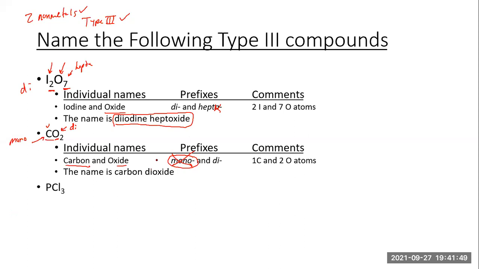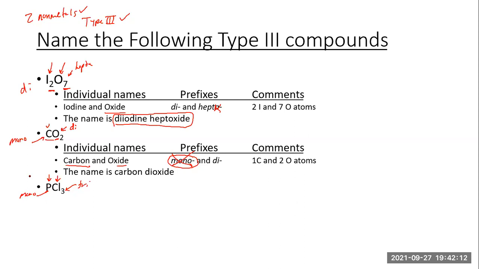Lastly, here we have PCl3. Again, same sort of game plan. P is a nonmetal. Cl is a nonmetal. Again, telling us that that is type 3. And we are going to use our prefixes here. We again see 1 here, which means mono. 3 means tri.